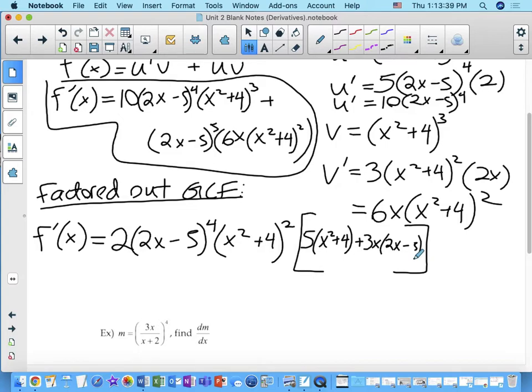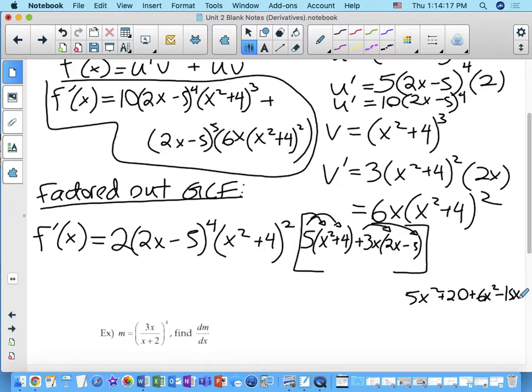Okay, and then we could go even further, actually, because we can expand and simplify this piece. It can be done. And collect like terms. Because I don't want to write the whole line again, I'm going to do that off to the side. So let's see, we're going to have, what is that, 5x squared plus 20 plus 6x squared minus 15x. Is that right?